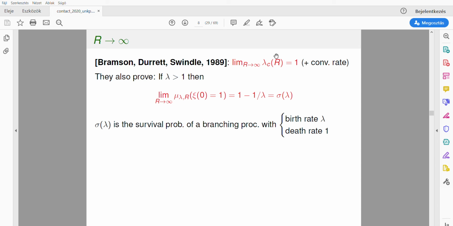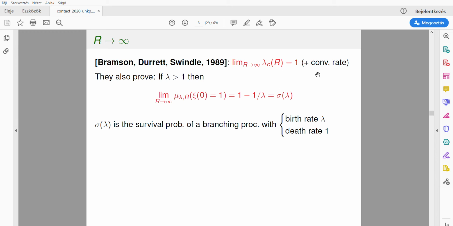But if r is very big, then when you infect someone, that person is so far away from you that you can treat it as if there is no effect. So you can essentially model things by a branching process. So that is the heuristics.